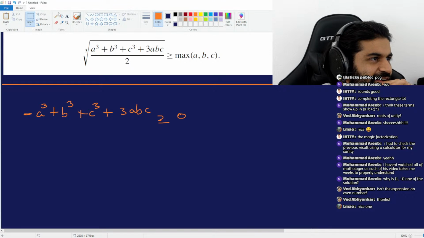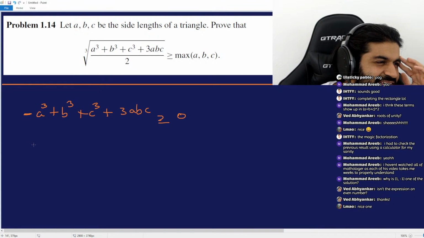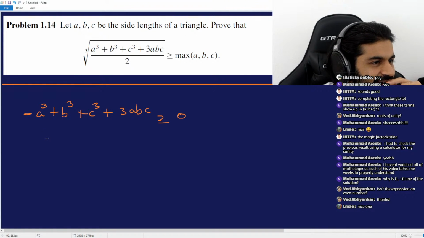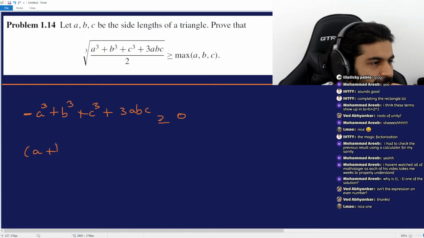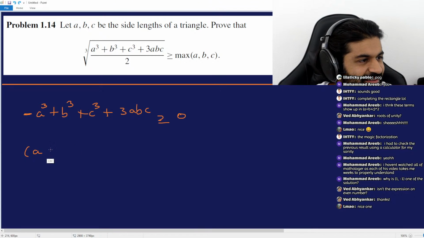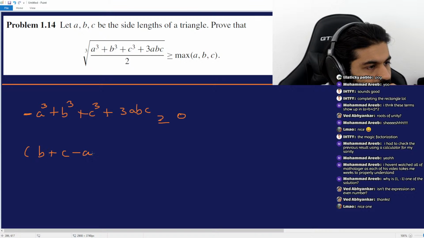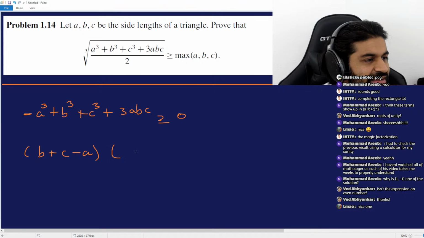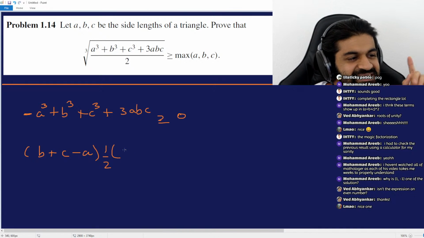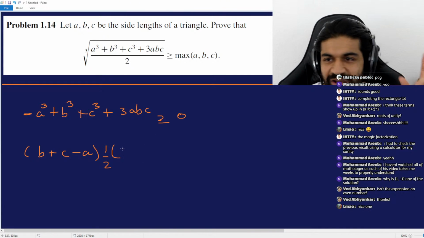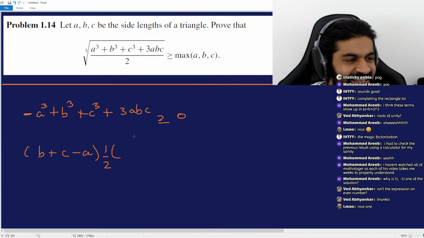So this is going to be b plus c minus a, times 1/2. There it is. We're done, because the second half of this factorization is always positive, right? You see that?